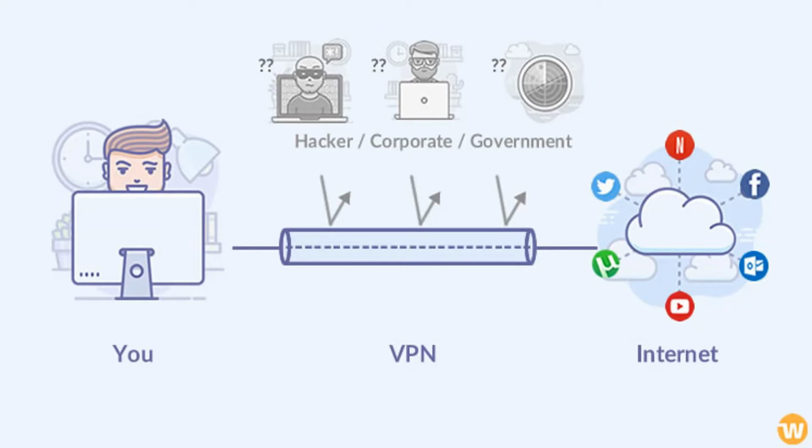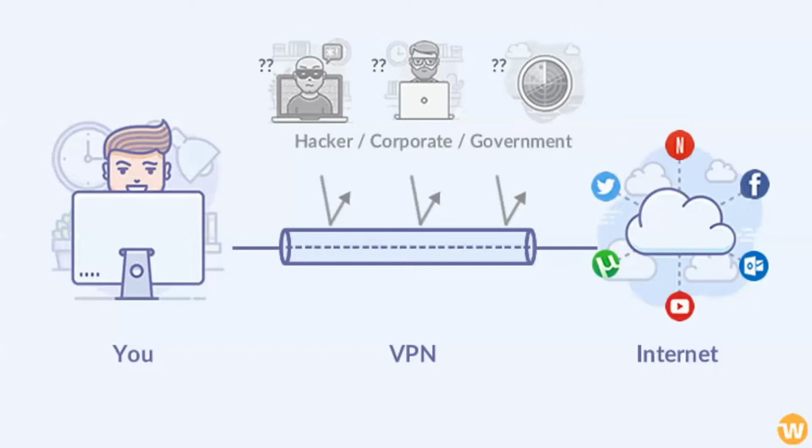Private means it is not seen by the public via the internet. The internet is publicly accessible to everyone. When we use a VPN, it is eliminated from the internet traffic, so it will be only private.